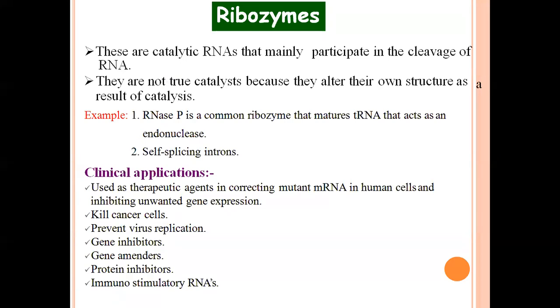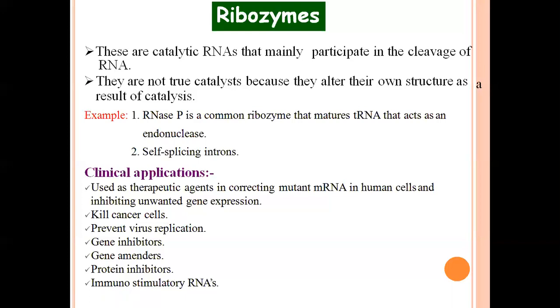They actually alter their structure as a result of catalysis. So for example, RNase P is the common ribozyme that matures tRNA and acts as an endonuclease. Endonuclease means which helps to cleave the RNA molecule, and self-splicing introns. Introns means those are non-coding regions.